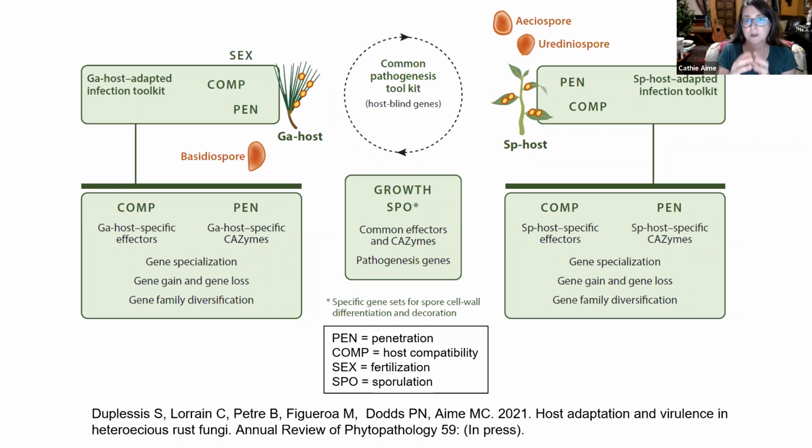And there are certain families of effectors that are only produced by gametothallus hosts, no matter what the rust species, and certain families that are only produced by sporothallus hosts, no matter what the species. So again, it looks like there are 2 entirely different genomic processes going on for these different life stages.